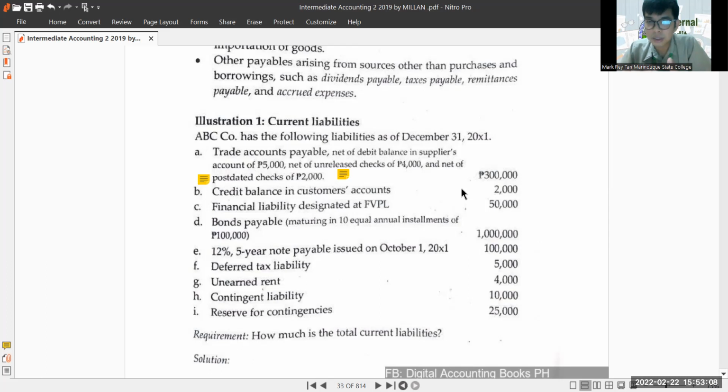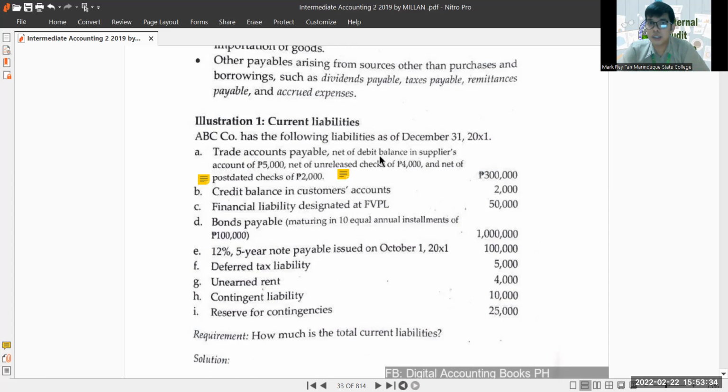So, ang simple explanation dyan is nagkaroon si ABC company ng overpayment. Okay? Diba normally pag magbabayad ka, we debit accounts payable and then we credit cash. So lumalabas na overpayment sa ABC kay supplier. Kaya yung accounts payable mo naging debit balance.